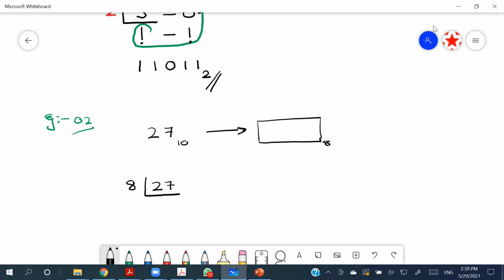So you know, how many 8s are there? 3 8s are there. So 24 happens when 8 into 3. And how many is remaining? 3 is remaining. Right? Okay. Quick question: am I going to divide further?